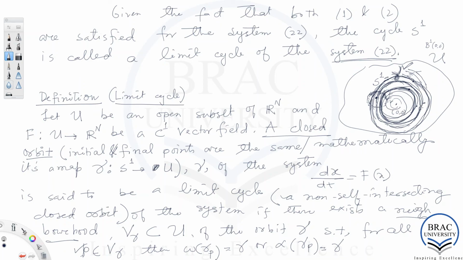Then we say that this closed orbit, which is also non-intersecting, is called the limit cycle of the system.